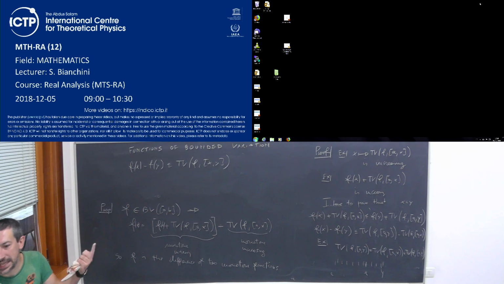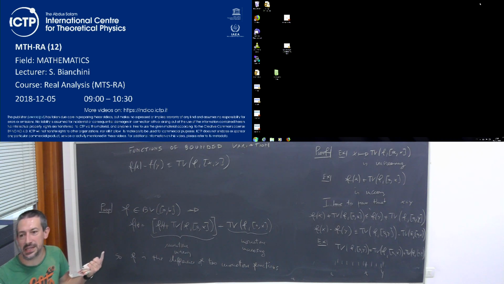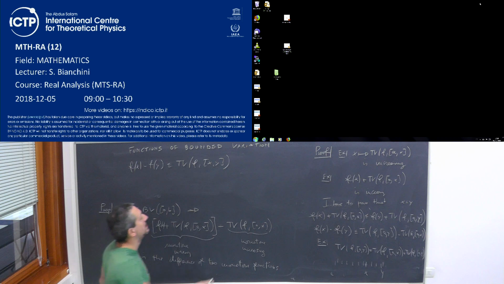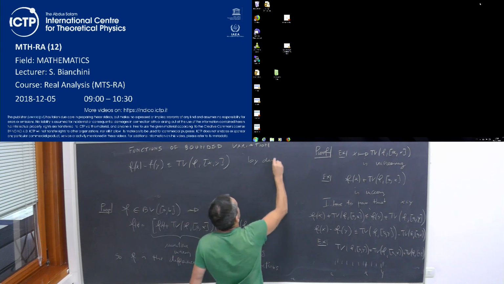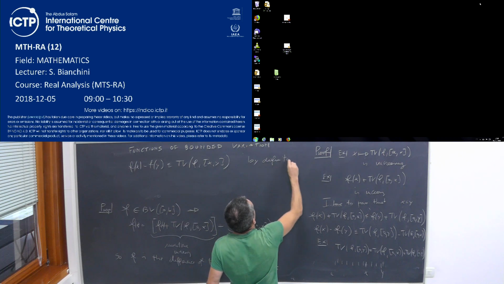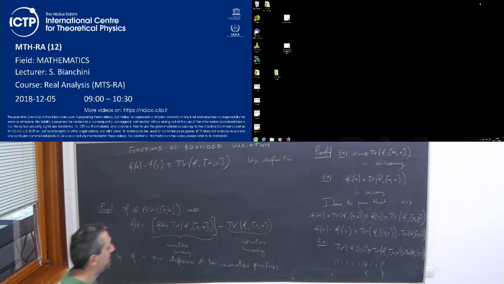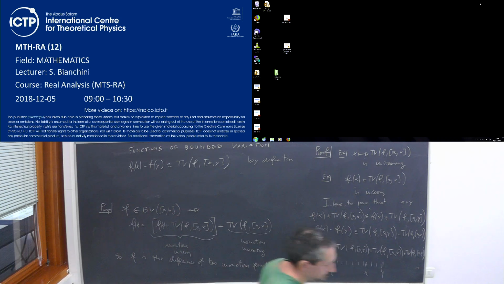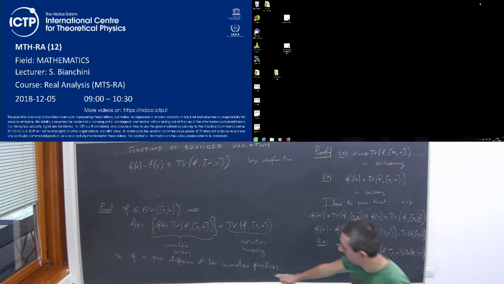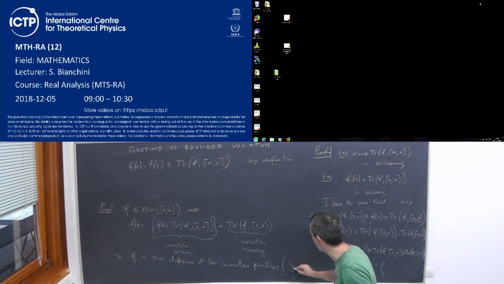It's 3 because it's just the case of the most elementary partition you can take, the 2 endpoints. So the fact that it's the difference of two monotone functions is sometimes called the Jordan theorem.